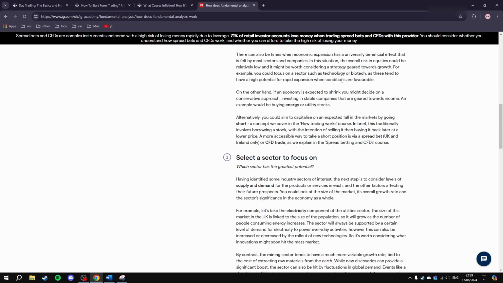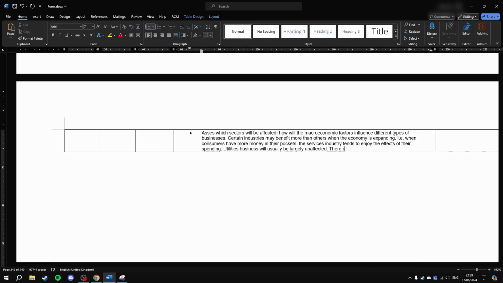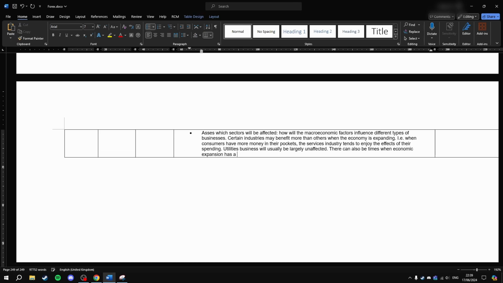There can also be times when economic expansion has a universally beneficial effect that is felt by most sectors and companies.